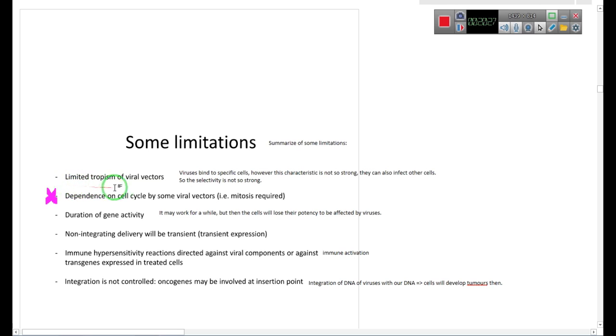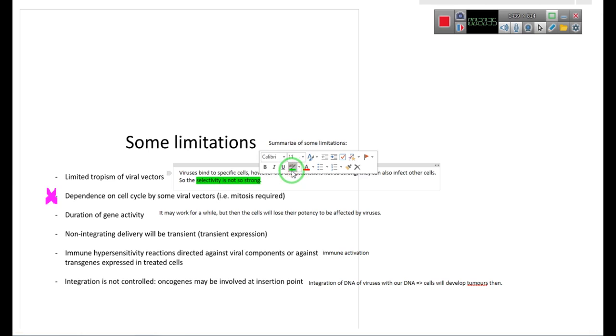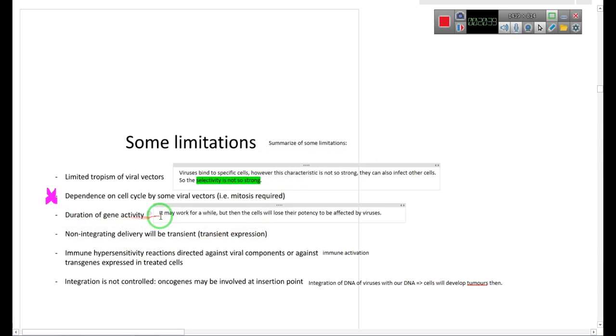They can bind and enter even other types of cells. So the selectivity of these viruses is not so strong. The duration of gene therapy, for example: the gene therapy can work for some time, and after that the cells are not going to be affected by that virus.